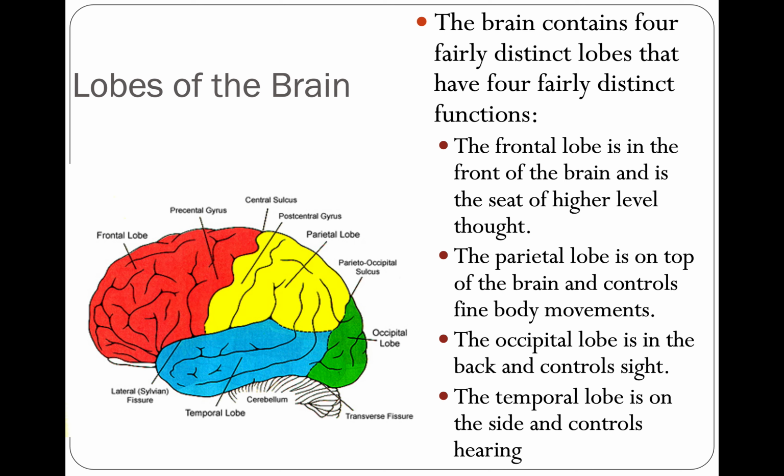If you can hear us, it means your temporal lobe is not damaged, and it also means your occipital lobe is functioning properly. If you have a hard time moving around, that of course would be your parietal lobe. But people rarely get hit on top of the head. Normally they get hit in the front of the head, the side of the head, or the back of the head.